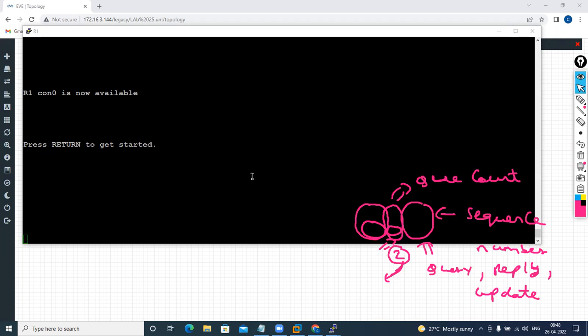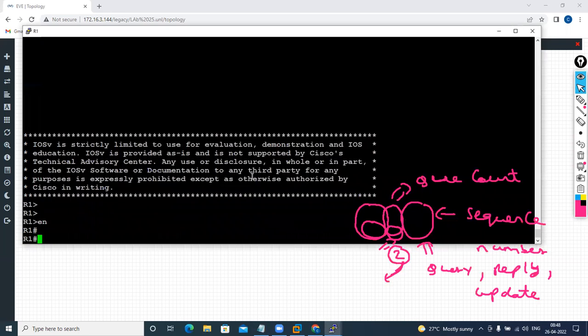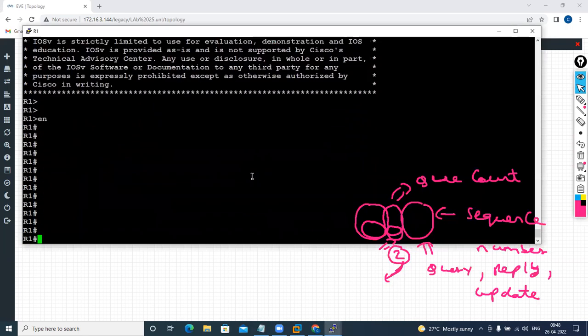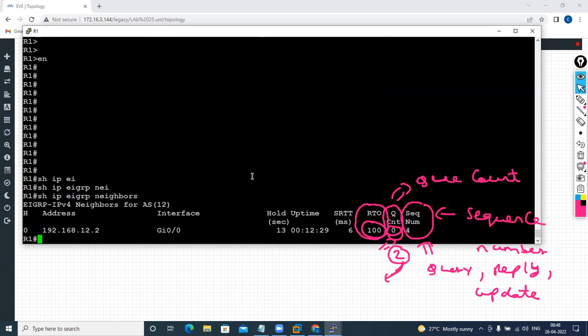Can you again tell that last sequence number? Last packet received.